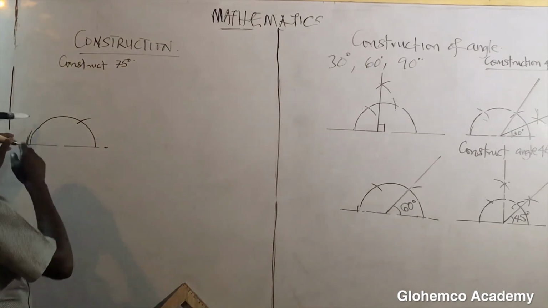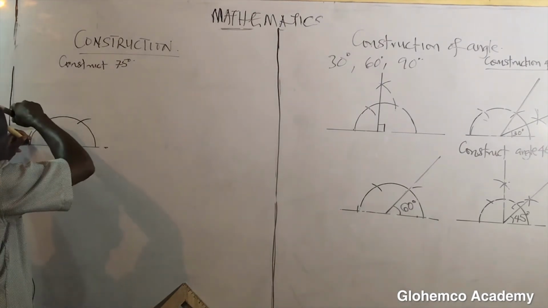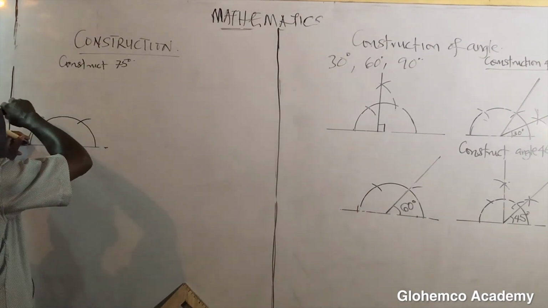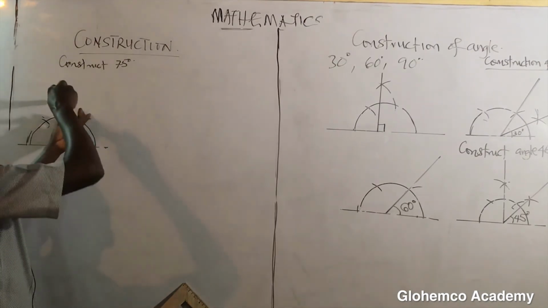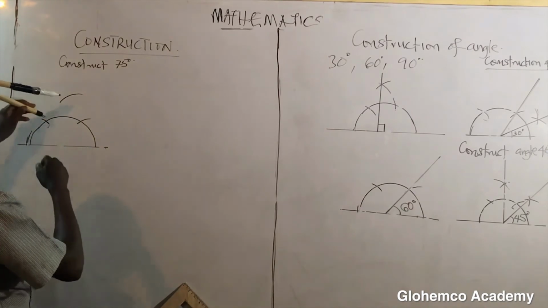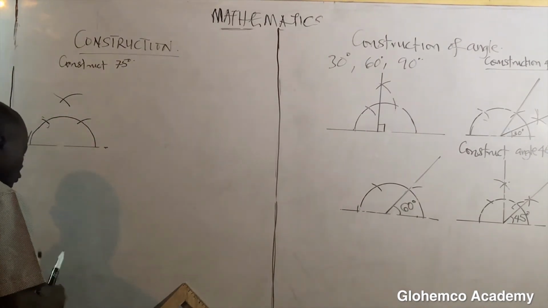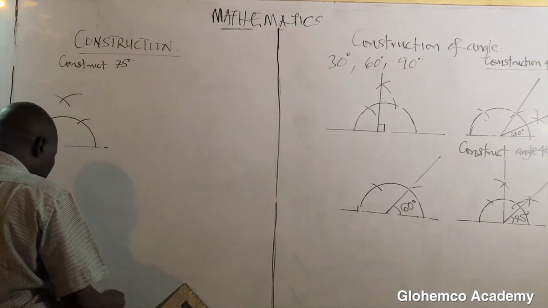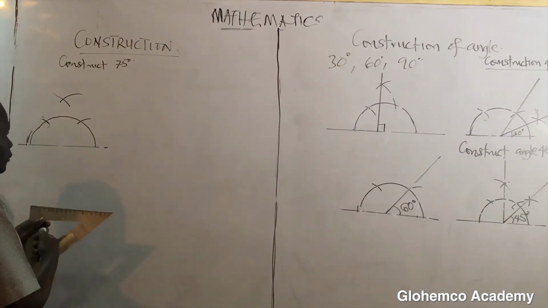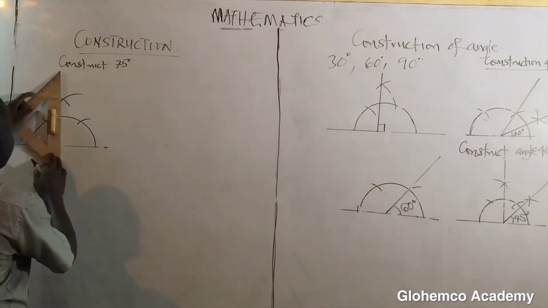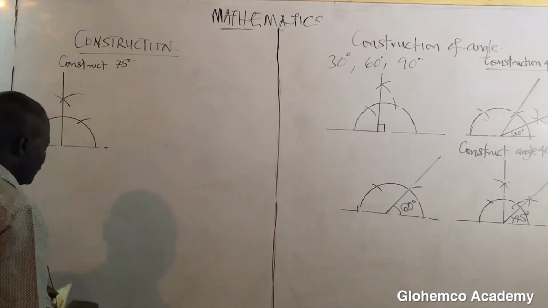Then draw another arc from this end. Now, if you place your compass here, mark an arc. Place your compass here again, mark another arc. By the time you do that, you will now join the line together. Maybe you have something like this. We join it together, and this constitutes our angle 90 degrees.